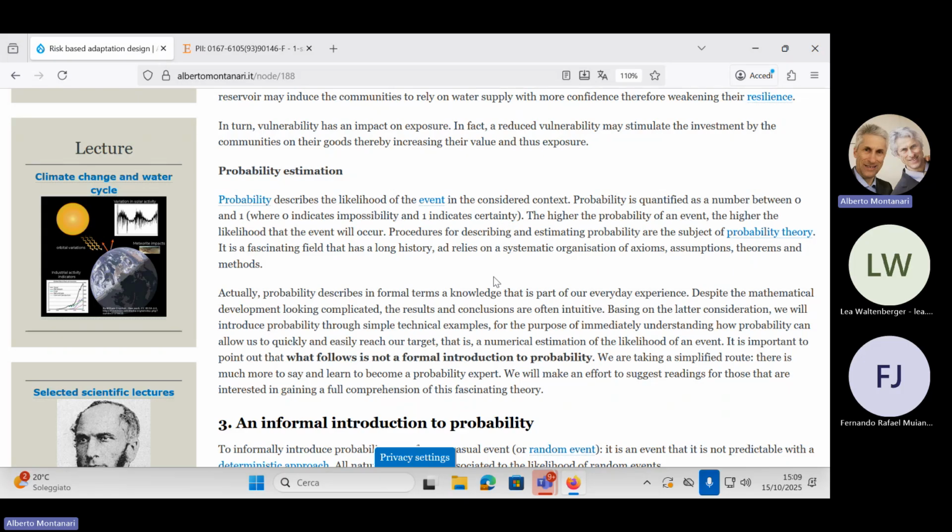So if the question is, how risk is modified if I build a reservoir or not, my answer would be the event remains the same, which is the river flow with a certain amount of cubic meters per second. The event remains the same, P remains the same, it's vulnerability that decreases. And how much it decreases, you have to set up a model that predicts the chance of overflowing the levees if the reservoir is there or not.